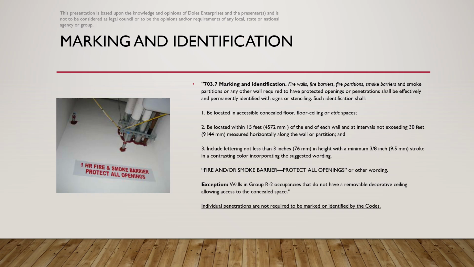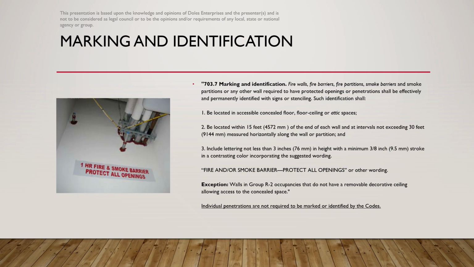This is good. I typically see "1-hour fire wall," when we well know 1-hour fire walls don't exist. So let's correctly identify our walls, whether they're a fire wall, fire barrier, fire partition, smoke barrier, or smoke partition.